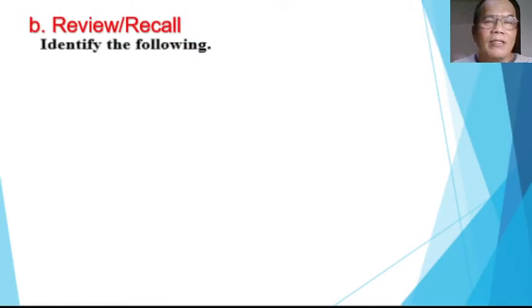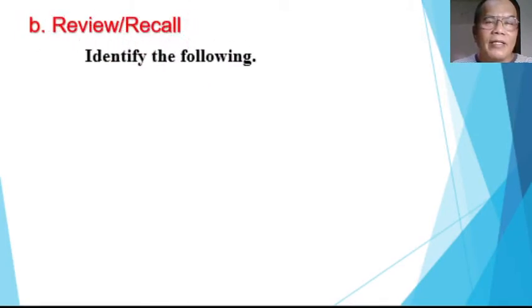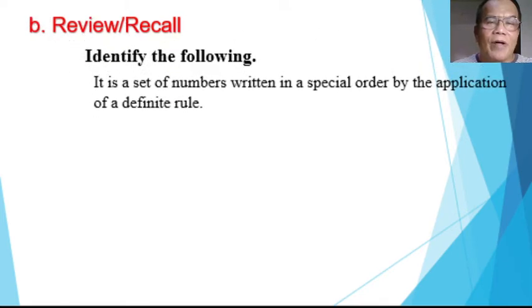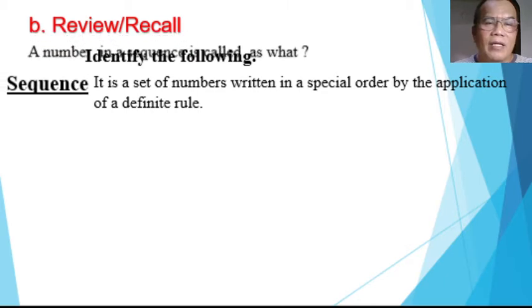Okay, for the review, let's recall. Identify the following. It is a set of numbers written in special order by application of a definite rule. What do you call that set of numbers? We call this a sequence.